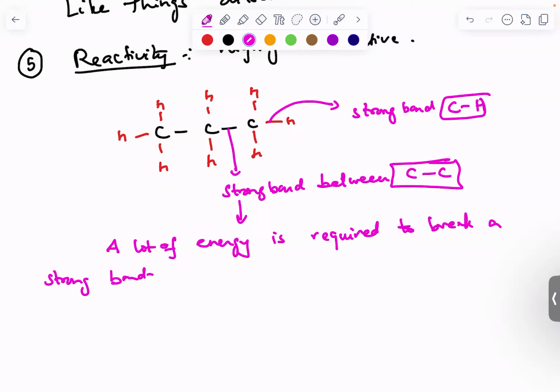And because a lot of energy is needed to break the bond, and it cannot be attained easily, they will be unreactive. If the bond is not broken, it is not going to react with something. So that is why they are highly unreactive.